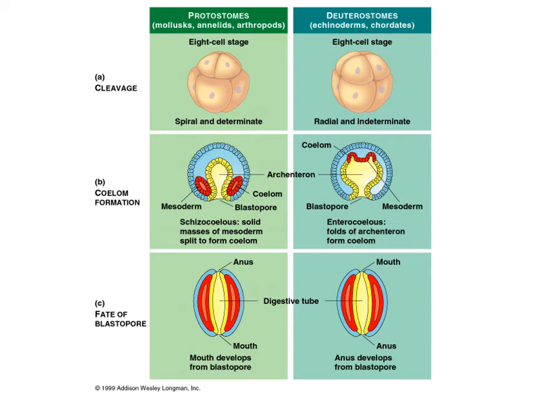Now, that inward fold either becomes the mouth eventually in the form of protostomes, or that blastopore opening forms the anus, which is what we do and echinoderms do. Okay, so the blastopore, that first indentation of cells, either forms the mouth in protostomes or the anus in deuterostomes.